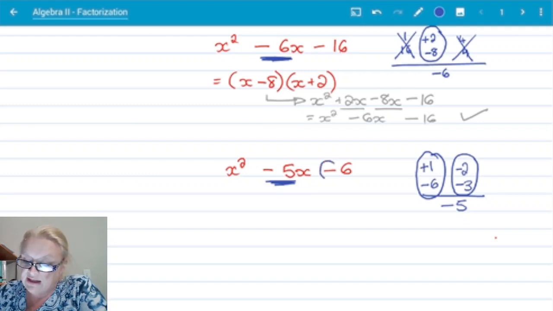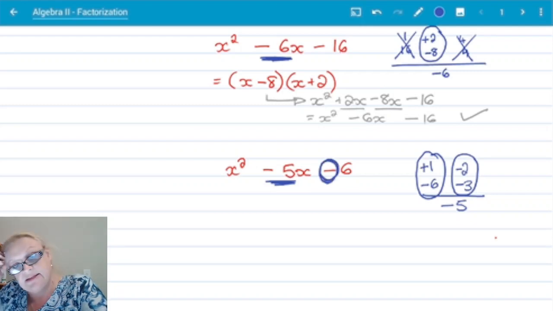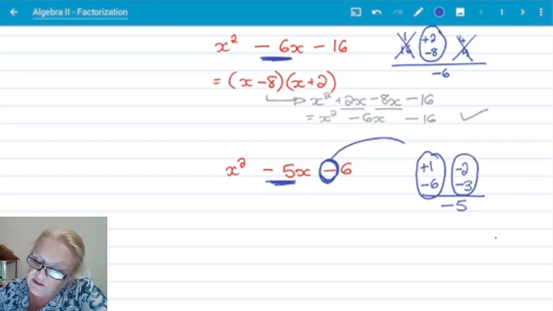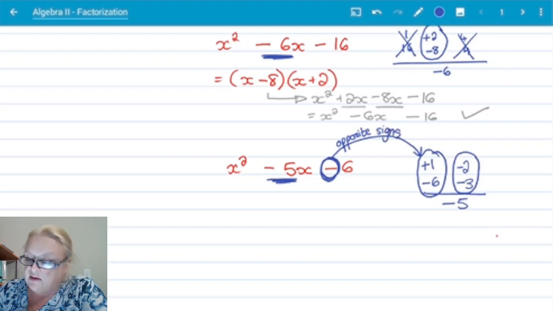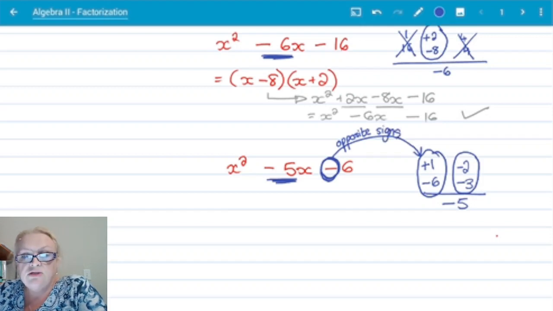So how would I know which one I'm going to choose? For that, I look at the last sign, which in this case is a minus. And if it is a minus, I'm going to choose the option that uses opposite signs.